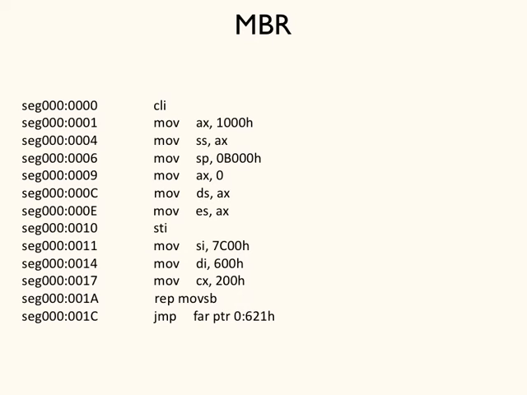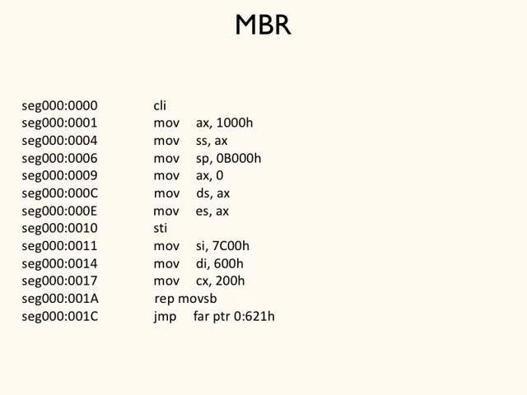So what actually is moved here is the MBR code. So BIOS already loaded the MBR code to memory, and it's loaded as this instruction. It's hard-coded. Then the MBR wants to move itself, relocate itself to another memory location.